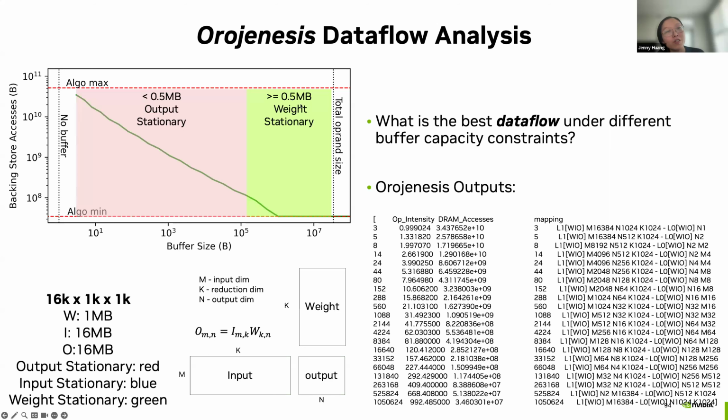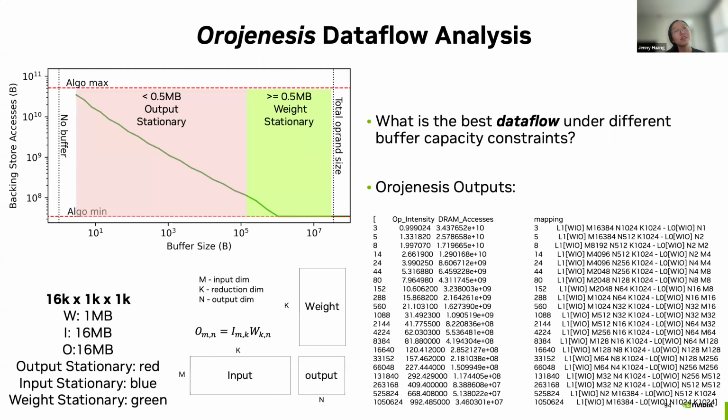And if your buffer size is larger than 0.5 megabytes, the weight stationary data flow will be the better choice. This gives us additional insights into the optimal data flow subject to different buffer capacities. For each GEMM we'll have a different ski slope diagram, but this diagram is generalizable across different hardware architectures.